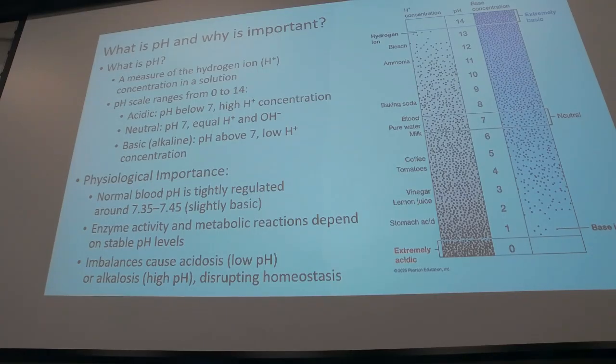So this is the pH of plasma, 7.35 to 7.45. When you have less than 7.35, that leads to acidosis.